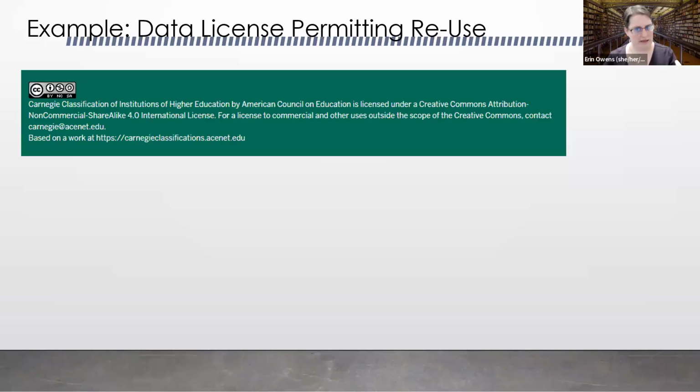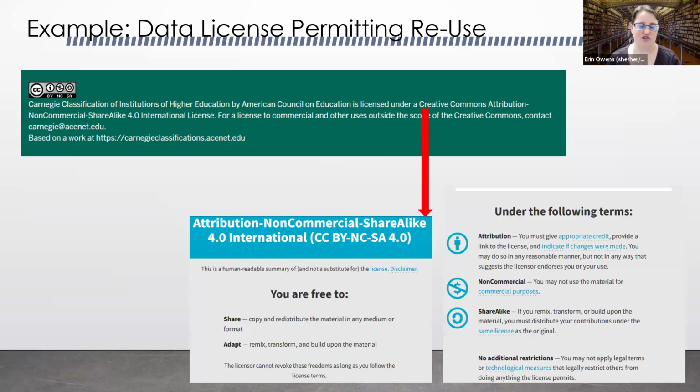I have to figure out what that license means and what that allows me to do. So when I pull up the copy of that license to look at what it says, I love Creative Commons because they create a very human readable version of their license that is very easy to interpret without being a lawyer.